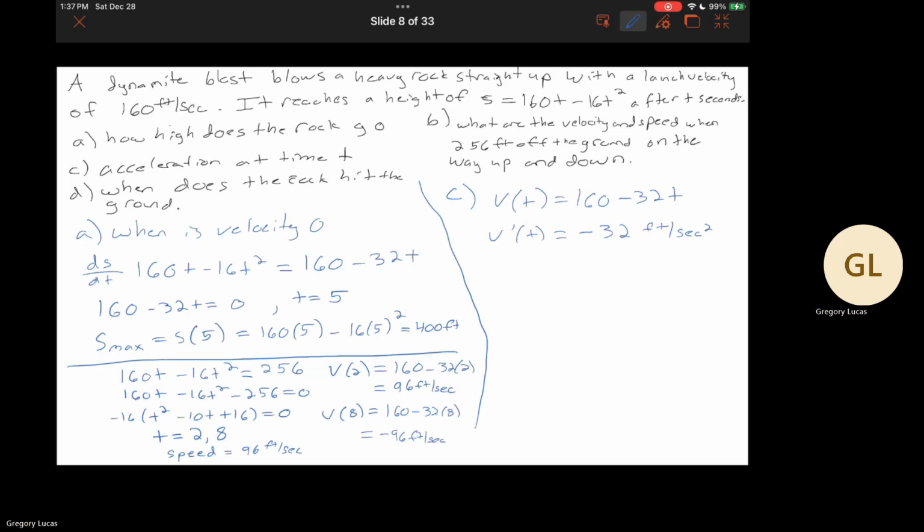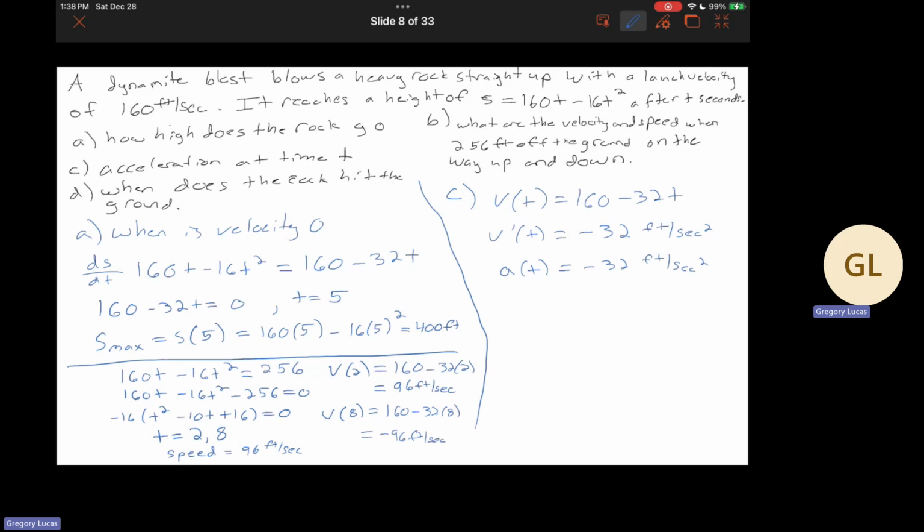At all times, gravity remains the same, so the force is just different in different directions. Gravity has the same force the entire time, minus 32 feet per second squared. When we take that derivative of velocity, v prime of t, it's also a of t, so our acceleration is always minus 32 feet per second squared. That's just because gravity remains the same, so we have a constant value there.